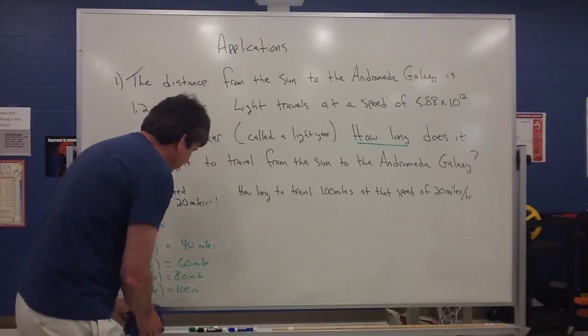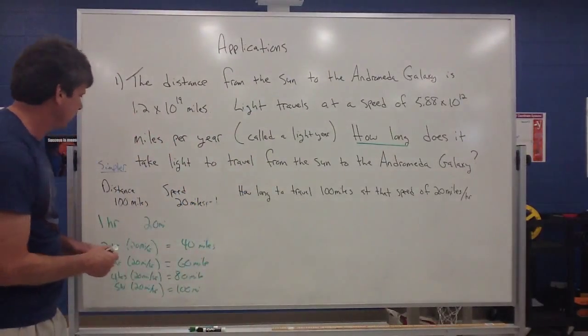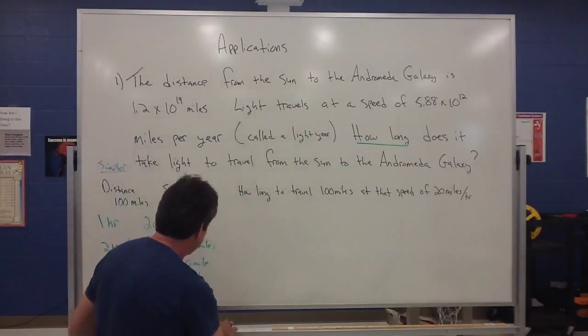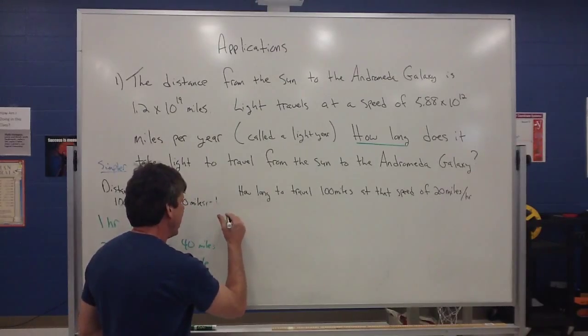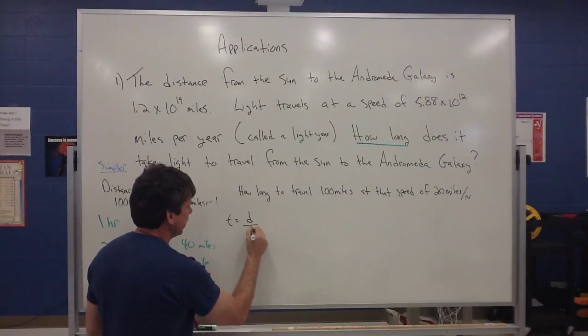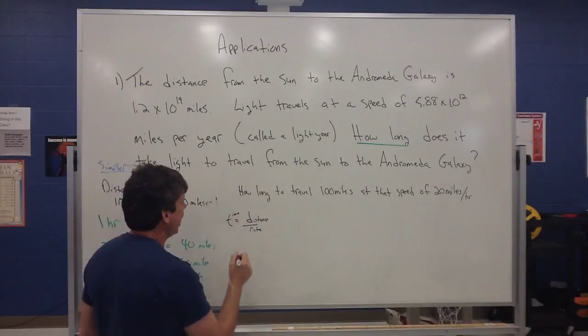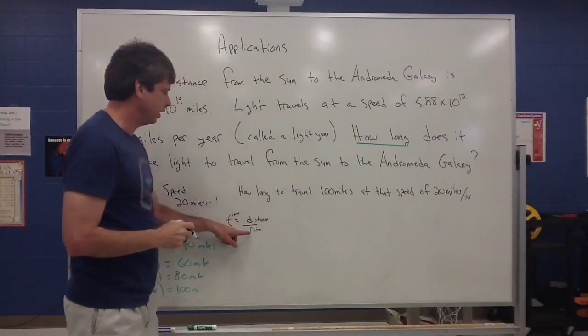By doing some simple math, I'm now picking up on that my time can be determined if I know the distance divided by the speed, or sometimes we call that the rate. A rate, a speed. So time can be determined if I know the distance and the rate of speed.